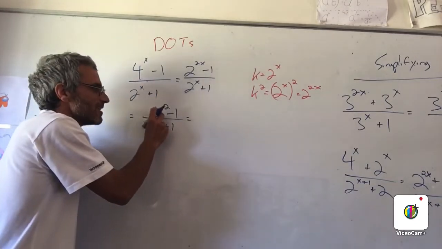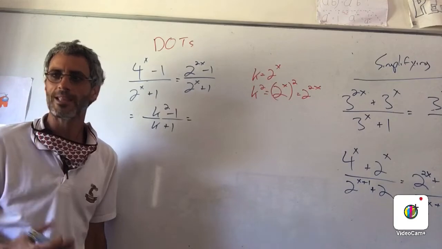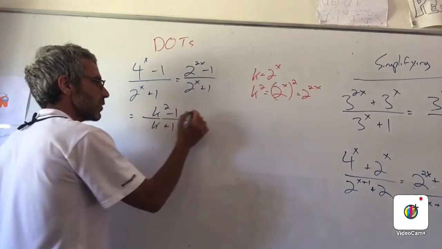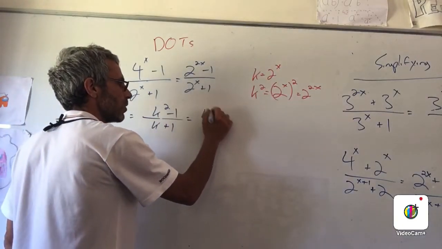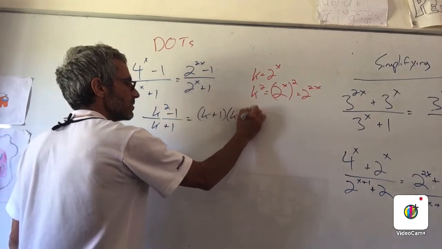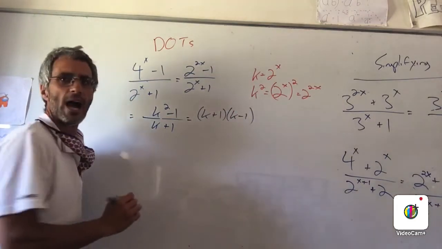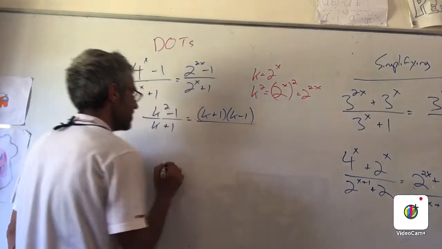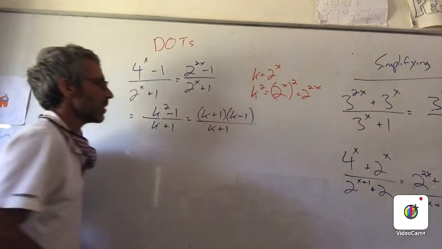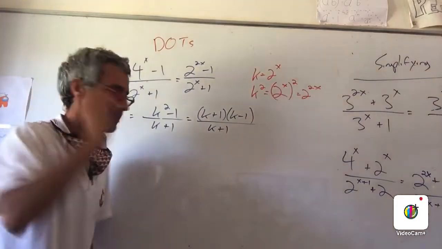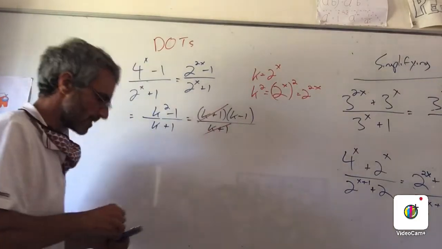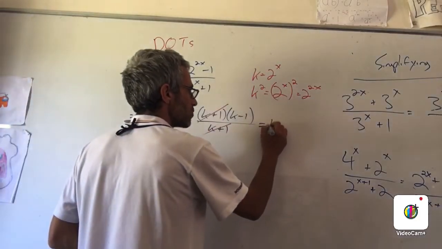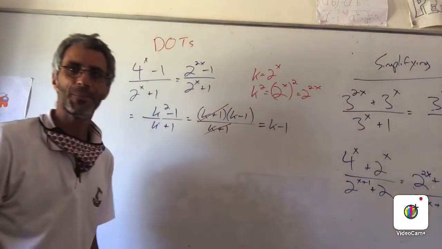When I write it in terms of K, you can see that this is the difference of squares. K squared minus 1 is K plus 1 times K minus 1. And you can cancel it. Now I can get my cross cancelling monster and I get K equals K minus 1. Do I stop here? No.